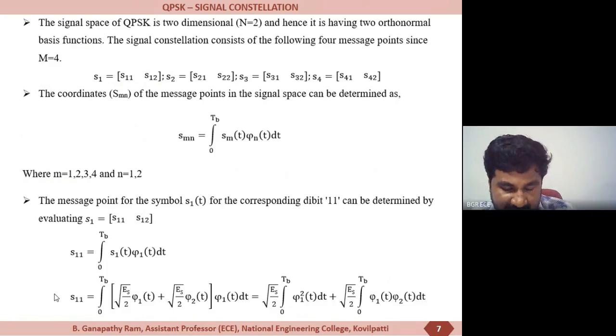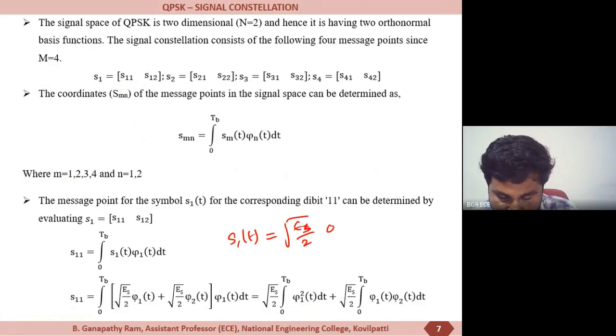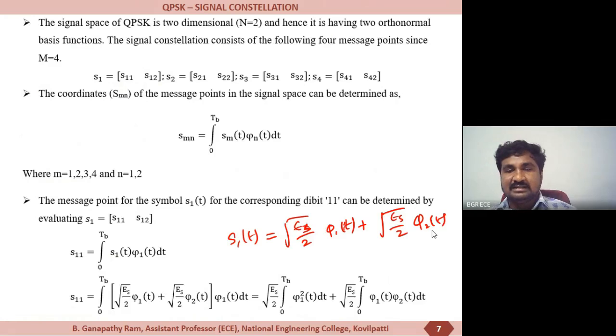So S11 is nothing but the integral over 0 to Tb of S1 of t phi 1 of t dt, and we know that S1 of t can be written as square root of Es by 2 phi 1 of t plus square root of Es by 2 phi 2 of t.